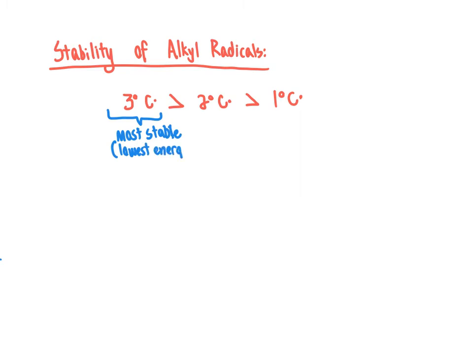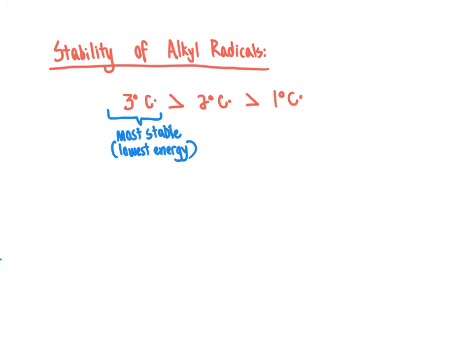And we're going to tend in these reaction types to take the path of least resistance, meaning the lowest energy pathway. And so generally, when we're looking at chemical reactions, we'll see situations where we could hypothetically create a tertiary carbon radical, a secondary carbon radical, or primary carbon radical intermediate. Generally, if we can create a tertiary carbon radical, that's going to be the favorable route to go because those are the most stable.